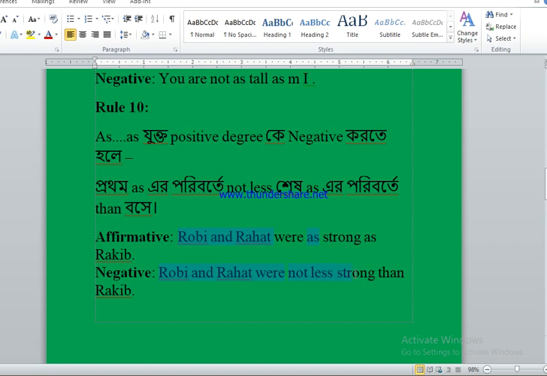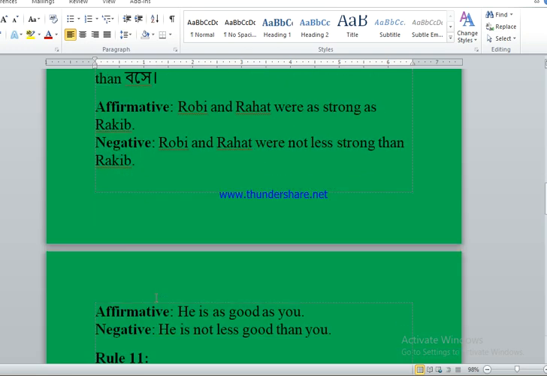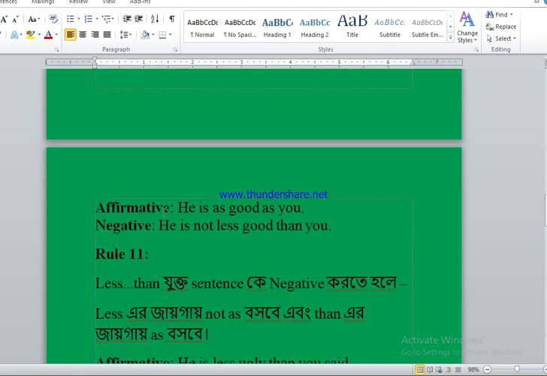Then you will use strong. Then you will use than, it will replace as. At last you will use Rakib. Okay, I hope you are clear. You will try this example in your own way.